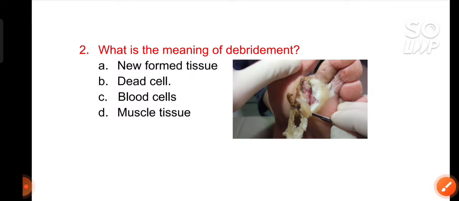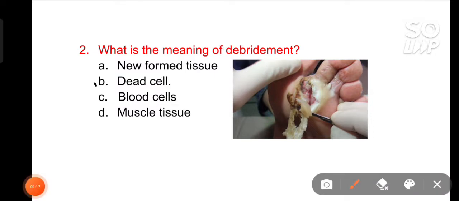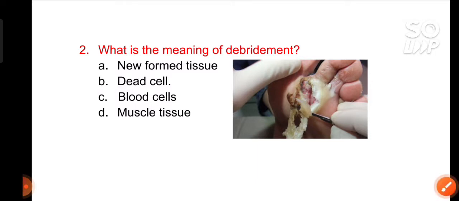The right answer is dead cells. After an injury, when the injury is infected with bacteria and viruses, it becomes a wound. To heal the wound, we need to remove the debridement.